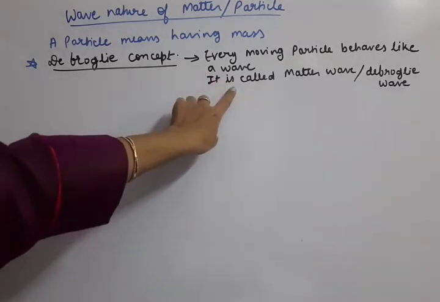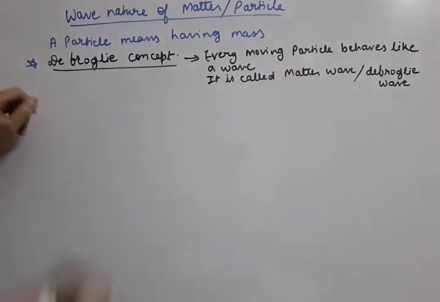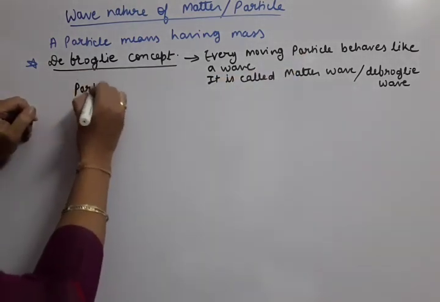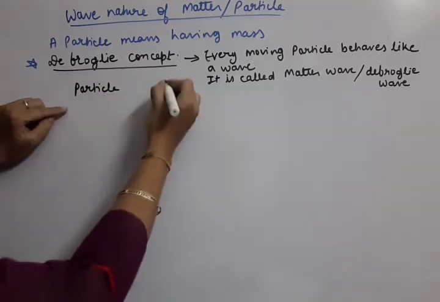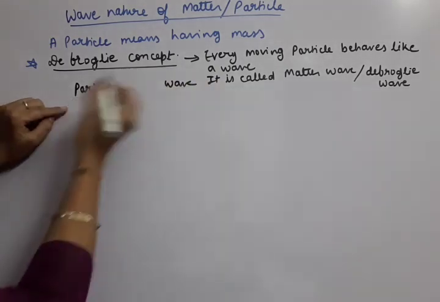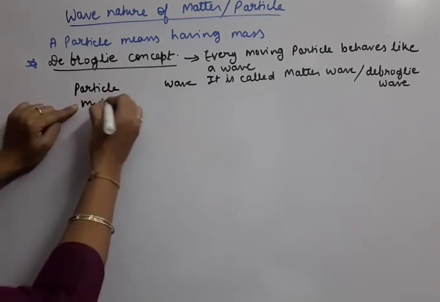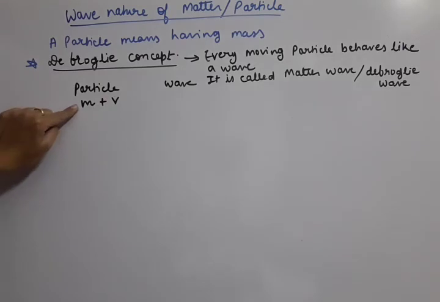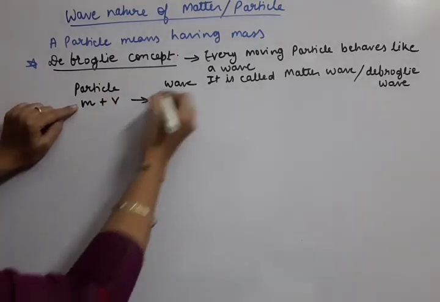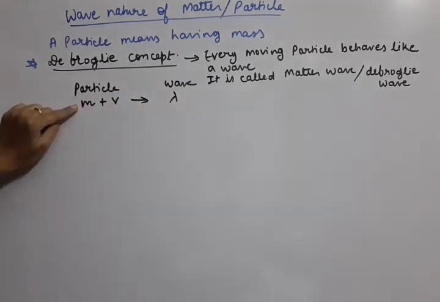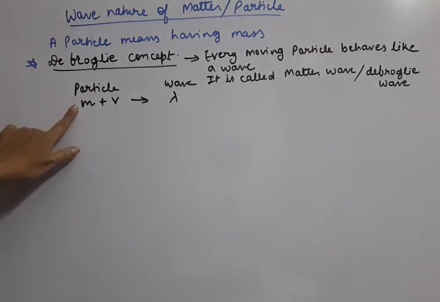It is called the matter wave or de Broglie wave. Whenever we want to discuss a particle's wave nature, what are the essential things? The particle already has mass, but along with the mass, if it is moving also, that means it has velocity, then it behaves like a wave. That means it will have a wavelength, lambda.